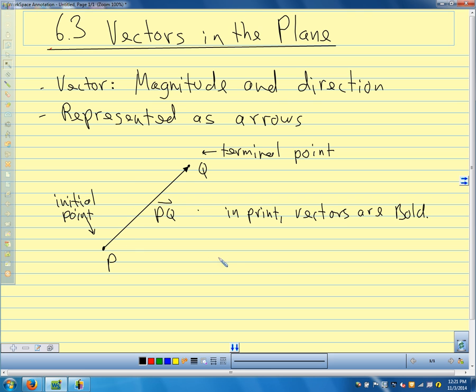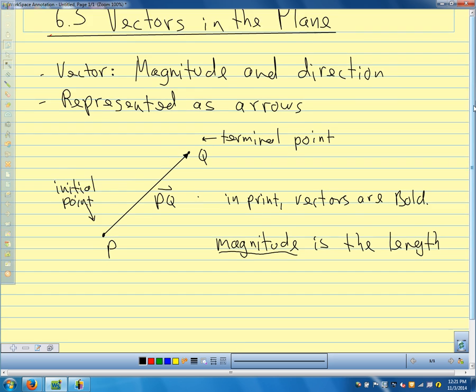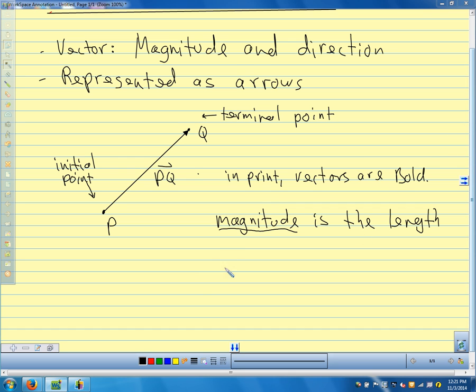The magnitude of a vector is the length. So when we talk about the magnitude, we're talking about the length. And we would write it as PQ.